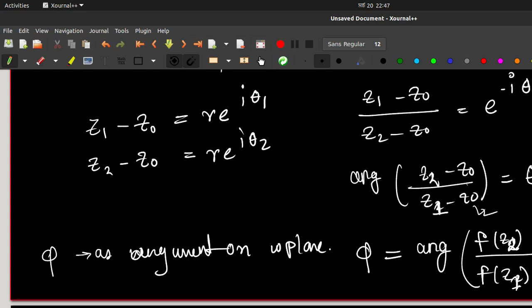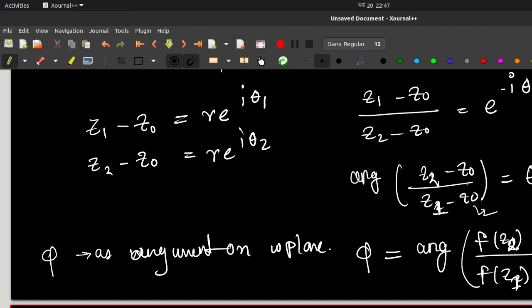So now after taking this limit, we are calling this theta. Similarly on the w plane, phi would be defined as this limit where the distance on the w plane will also go to 0.